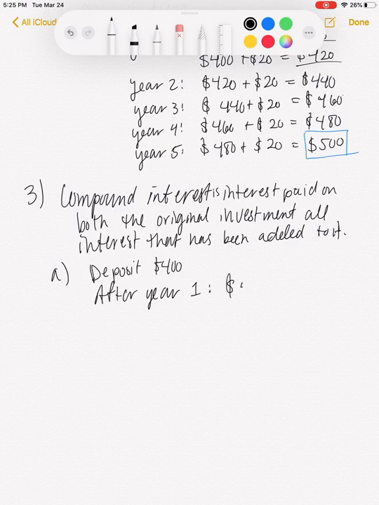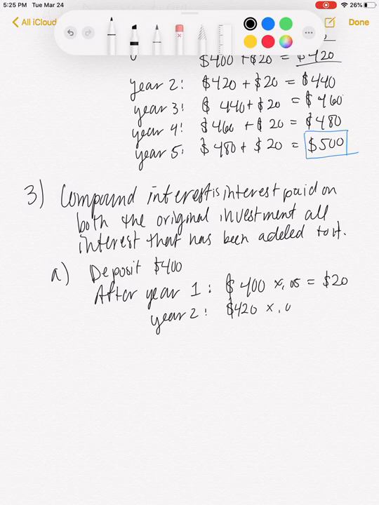We take $400, multiply by 0.05, and we get $20. So after the first year, I'm going to add on $20. Going into year 2, I'm going to take the $420 and calculate interest on that amount.